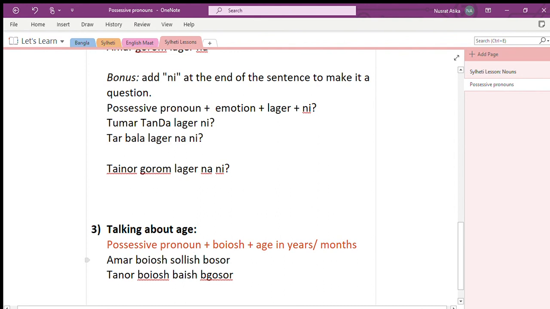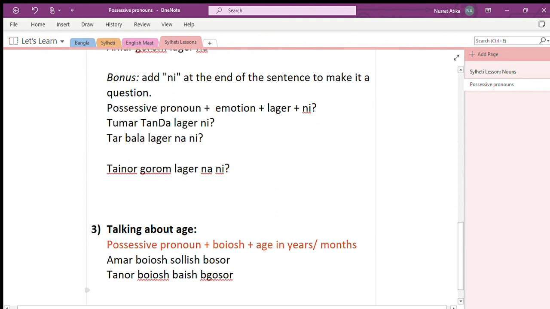So Amar boyosh Sollish Bosor. Sollish means 40, Bosor, years. So my age. That's what we are saying. We're not saying I am this. We are saying my age. So Amar boyosh Sollish Bosor. I am 40 years old.